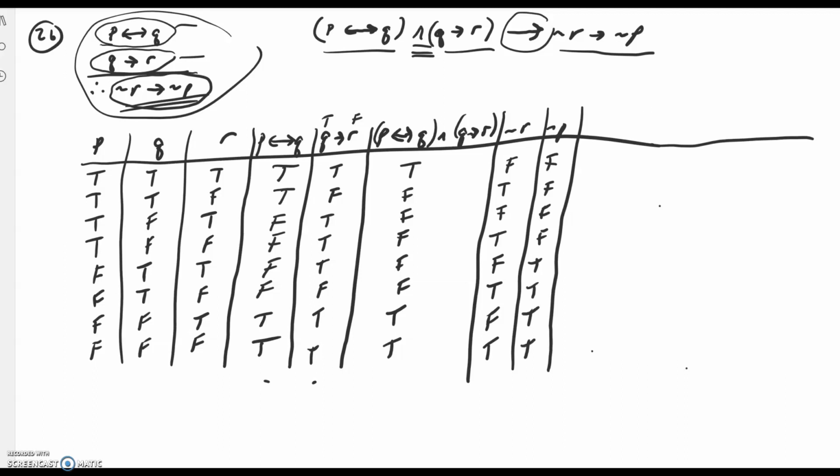And then we need negation of R implies the negation of P. We know this is a broken promise when this is true and this is false. So it's false here, it's false here, and it looks like it's true everywhere else.